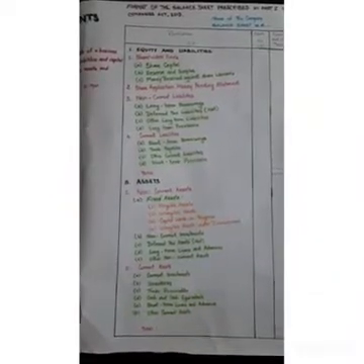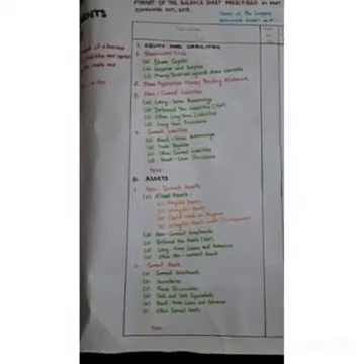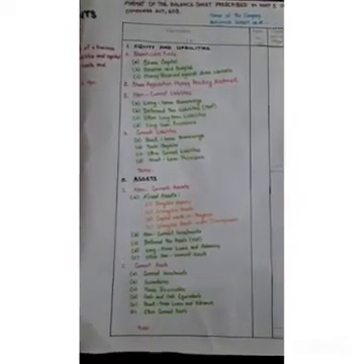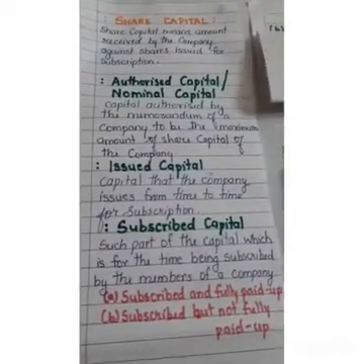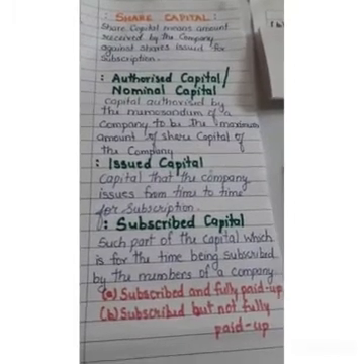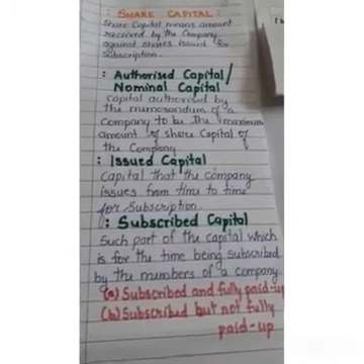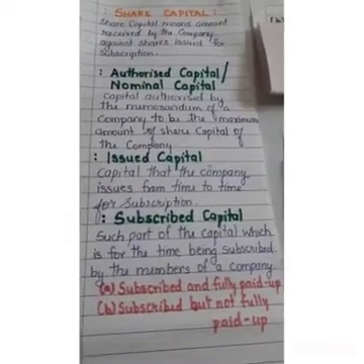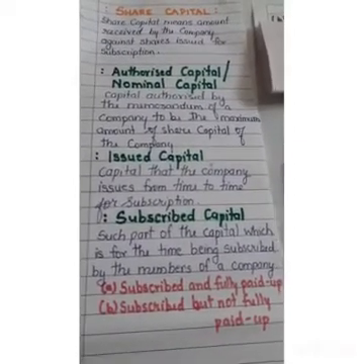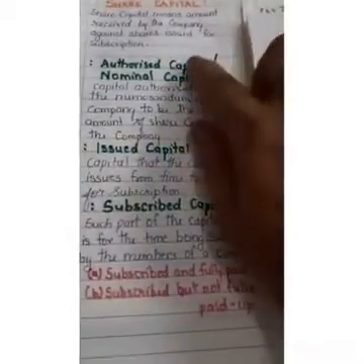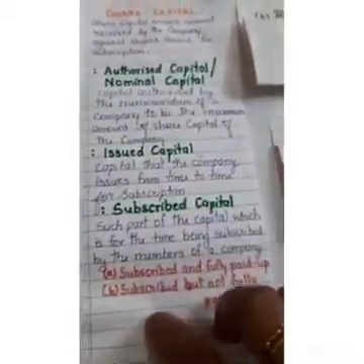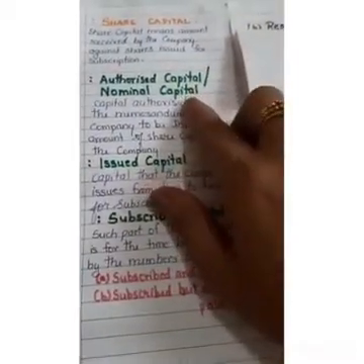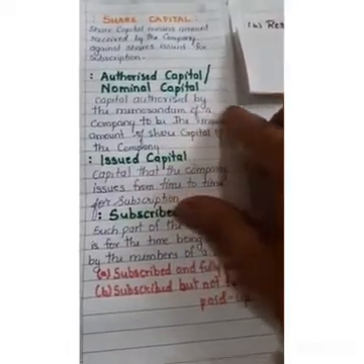Next, we are going briefly through the explanation of main and sub points with examples. Share capital is one of the subheads of shareholders fund. Share capital means amount received by the company against shares issued for subscription. They are further classified as authorized capital, which is also known as nominal capital.